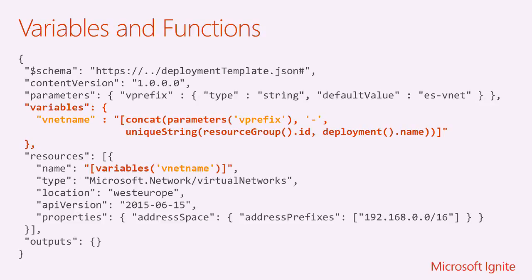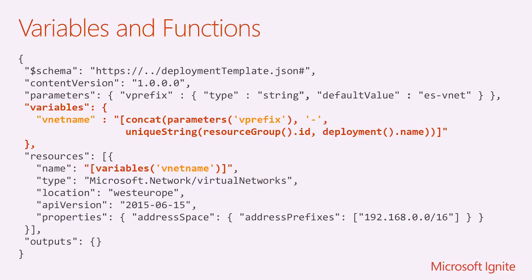And the next section is variables. So with variables, these are kind of like an internal way of modifying some of the parameters that you expose to people, and doing something different with them, or concatenating a string, or producing a unique hash.